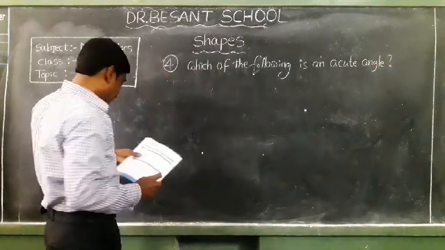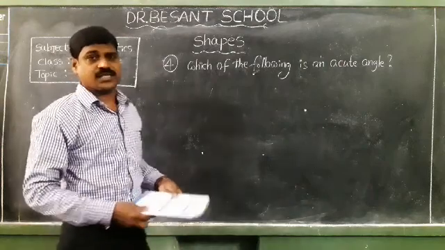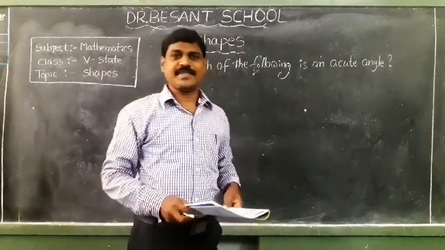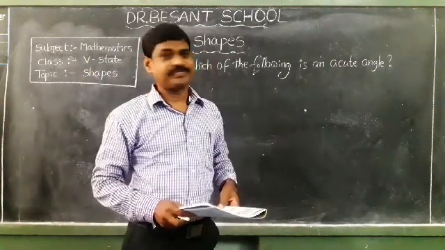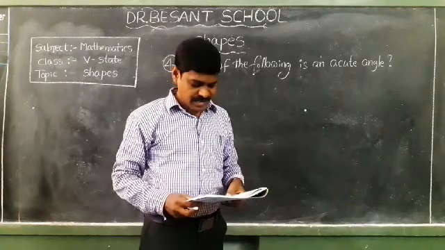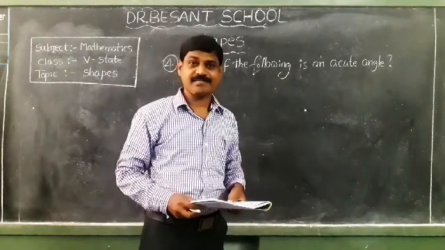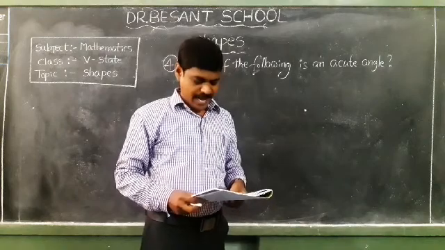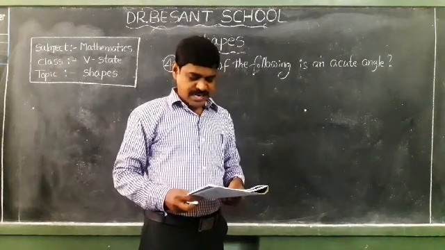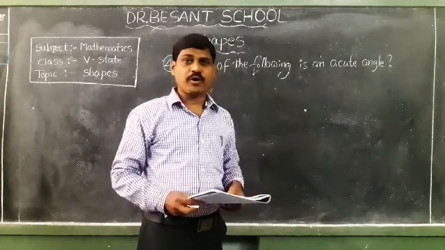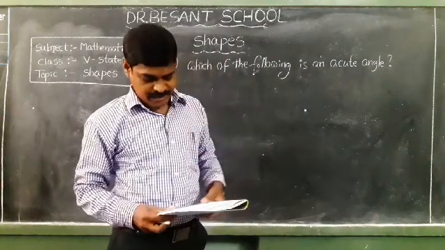Option A, 100 degrees. Is this an acute angle? No. Option B, 60 degrees. Yes, it is an acute angle. Option C, 90 degrees. No, it is a right angle.